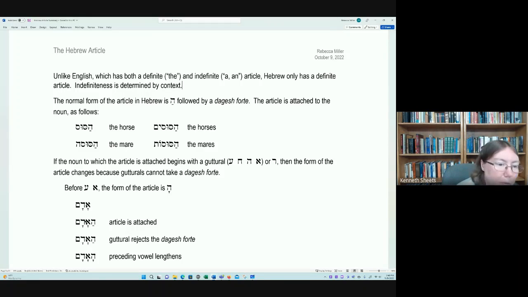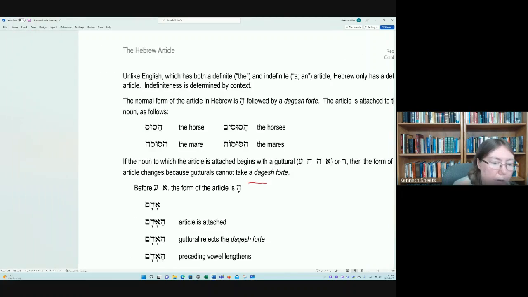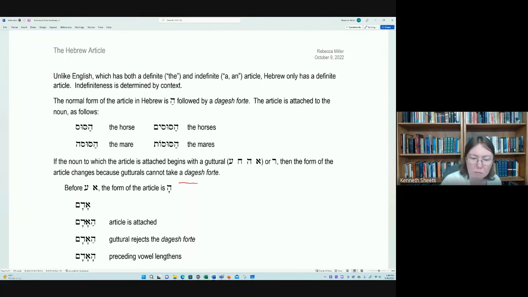So here you can see the word sus, horse, and then he with the pathach followed by a dagesh forte attached to it to indicate the horse.